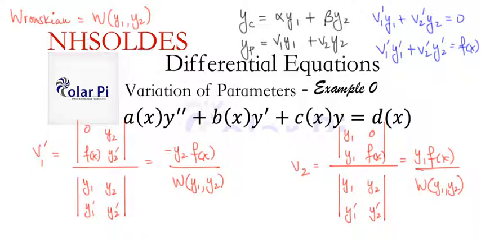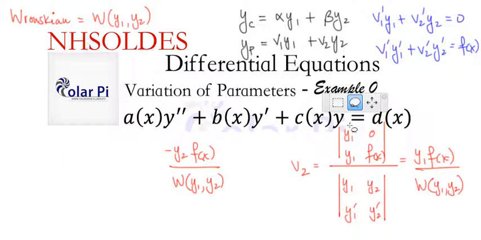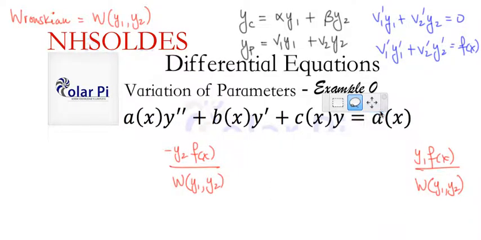So unsurprisingly then, we're going to get the following. Since this is v1 prime and this is v2 prime, we're going to get the following solutions for v1 and v2.